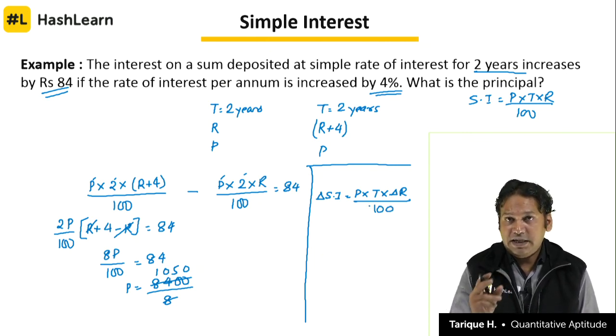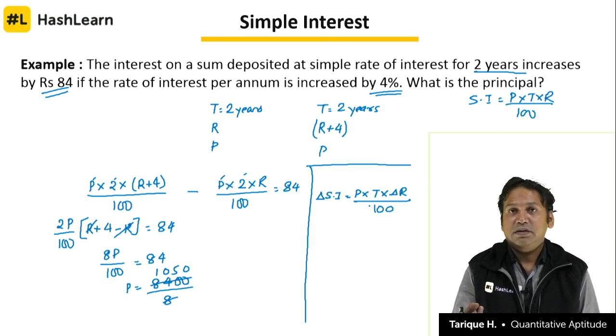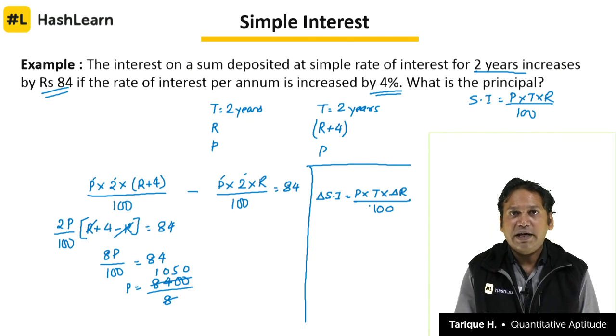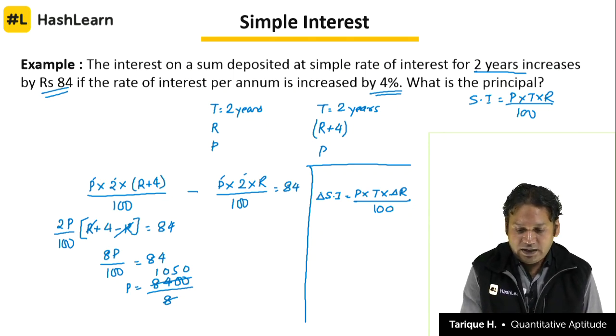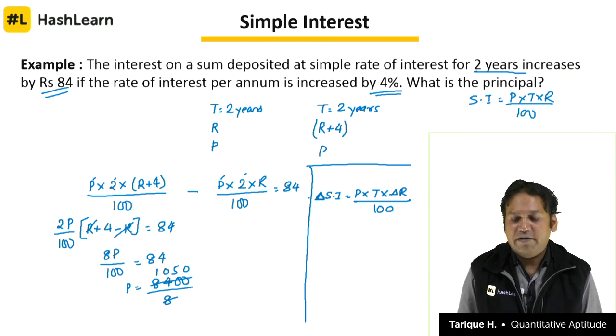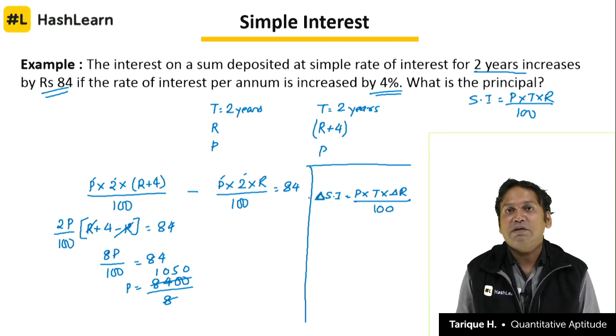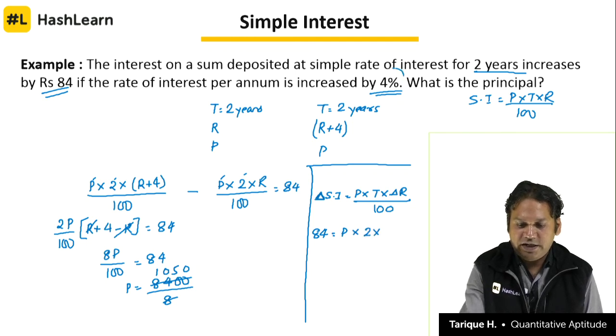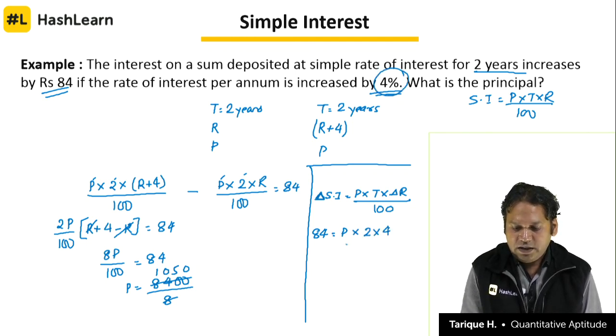If rate is changing by delta R, increasing or decreasing by 2%, 3%, 4%, and because of that interest is increasing or decreasing, we can directly say delta SI is equal to P into T into change in R by 100. Change in simple interest is 84, principal we do not know, time is 2 years, change in rate is 4% by 100.